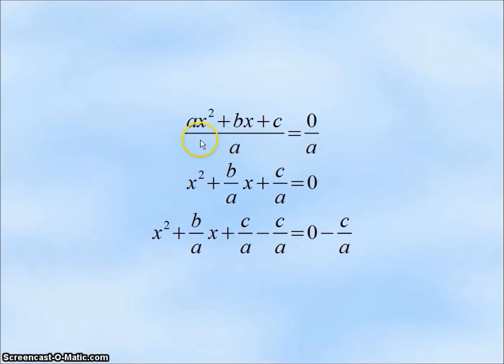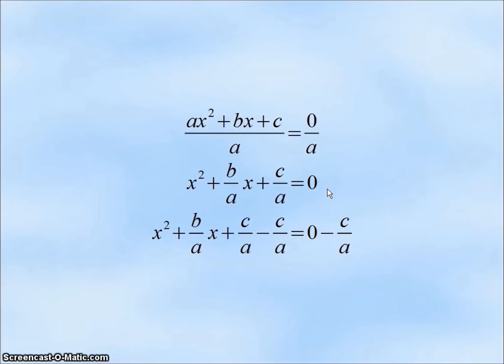Now, simply evaluating term by term, ax squared over a by itself, the a's just drop out and we're left with x squared. Taking this term, can't do much with it, so we just write it b over a. Same here, can't do much with it, so it's c over a. And again, evaluating 0 over a, simply 0.